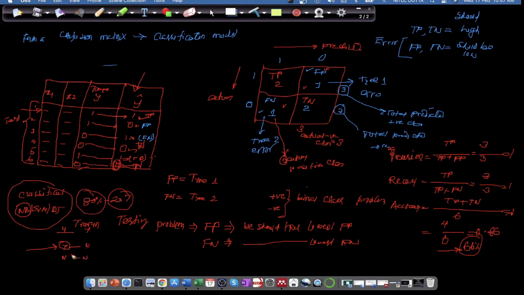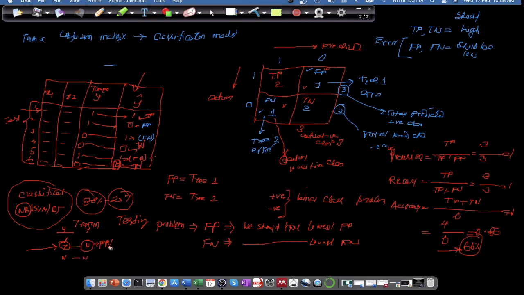If it happens, what is it? It is false negative, right? That means he has cancer, but it is detected as no cancer.